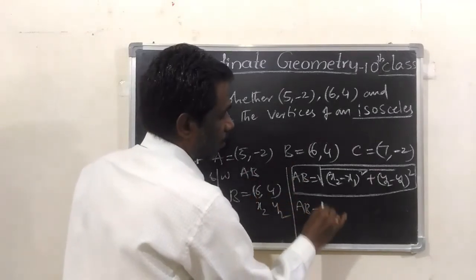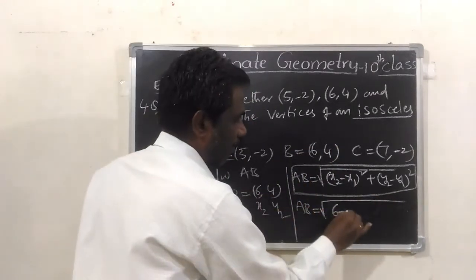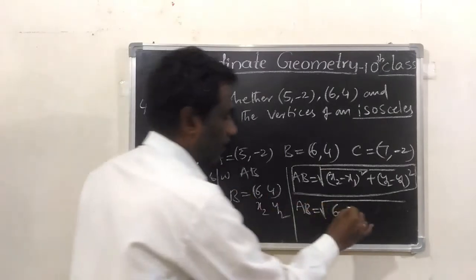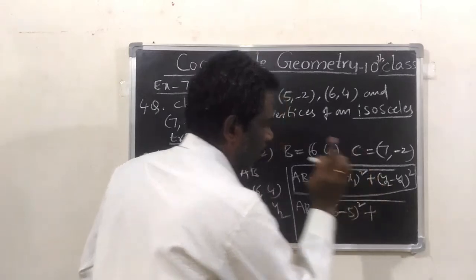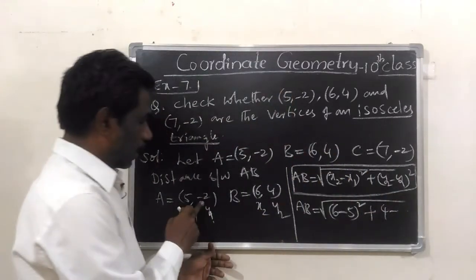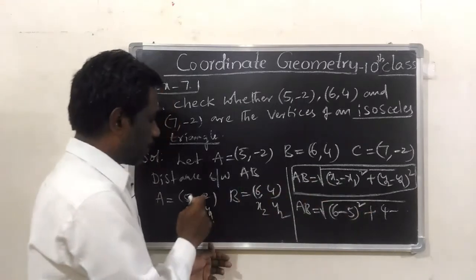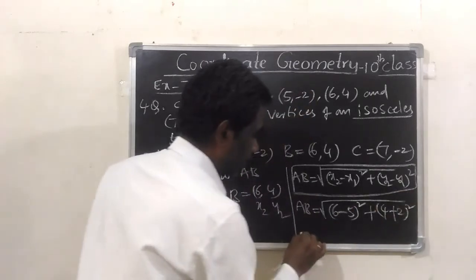AB equals under root of x2, which is 6, minus x1, which is 5, whole square, plus y2, which is 4, minus y1, which is -2. Minus into minus is plus, so 2 whole square.